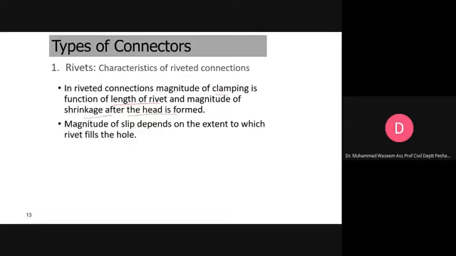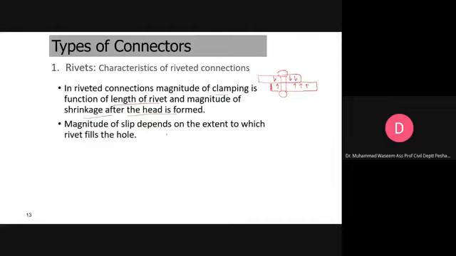As I told you, rivets are still hot when they are driven, so when they start cooling, they apply a clamping force. This clamping force is a function of the shrinkage in the rivets.